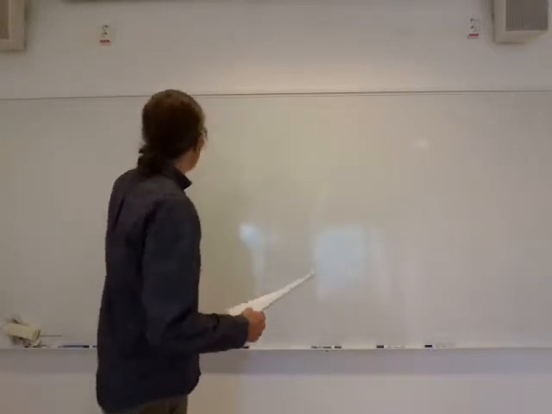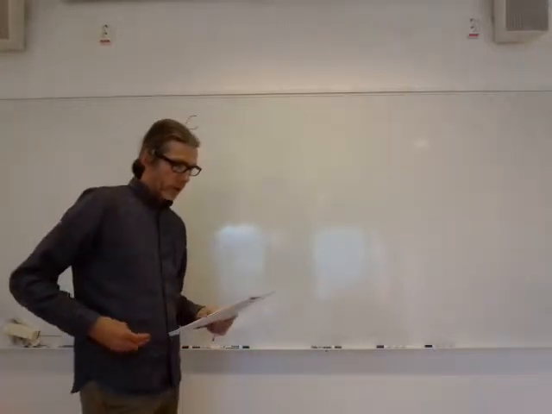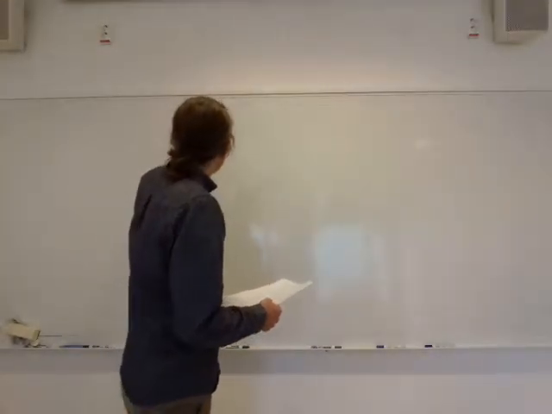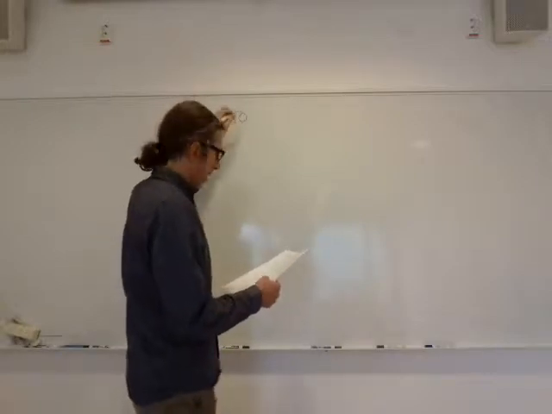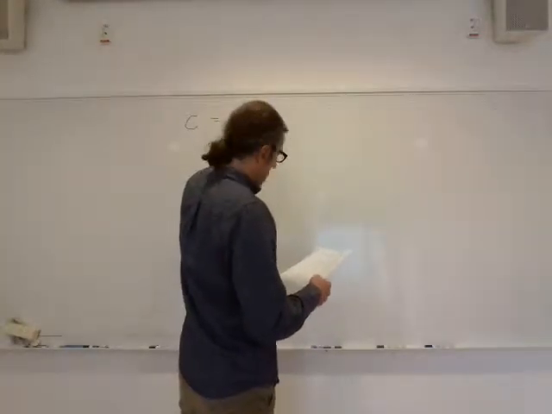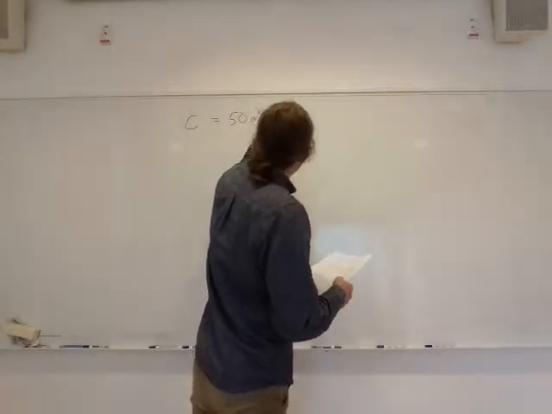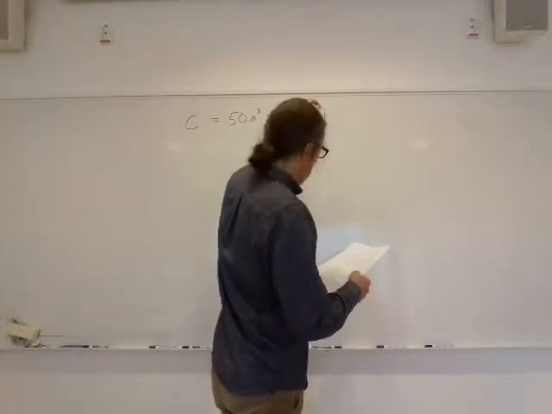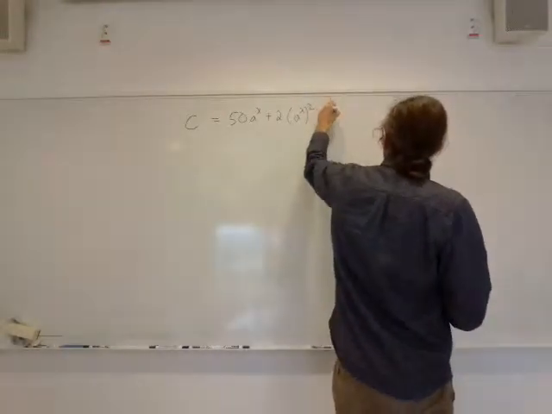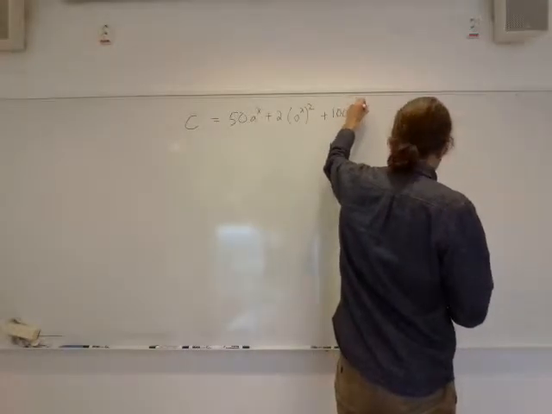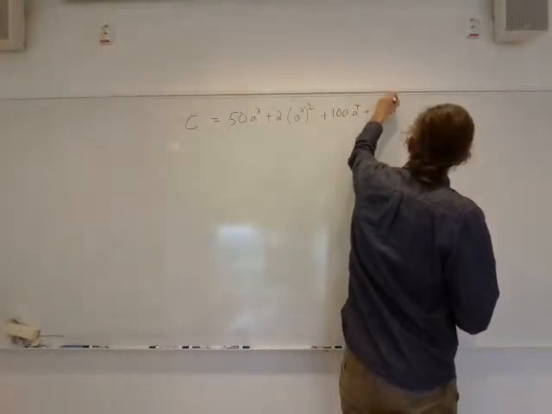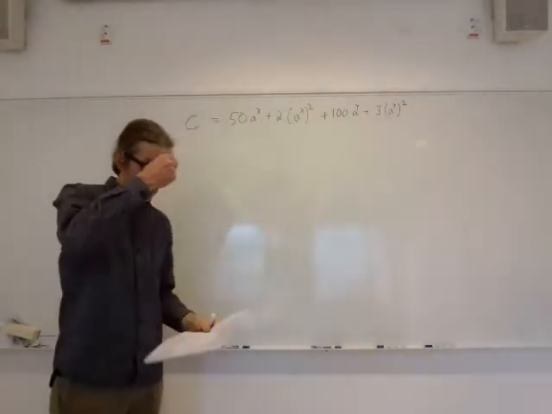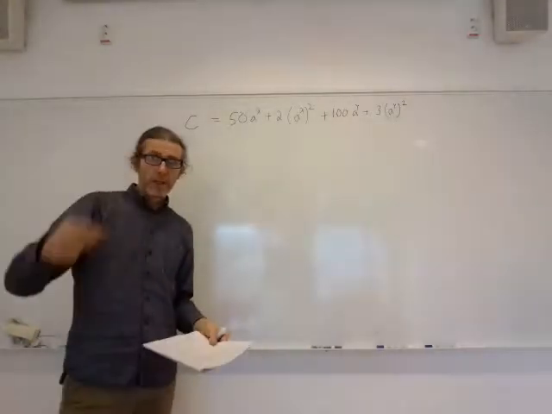So let's say that C is the total social cost of meeting the target, which is 50 AX plus 2 AX squared plus 100 AY plus 3 AY squared. Okay, and then we've got this target, which is the restriction.